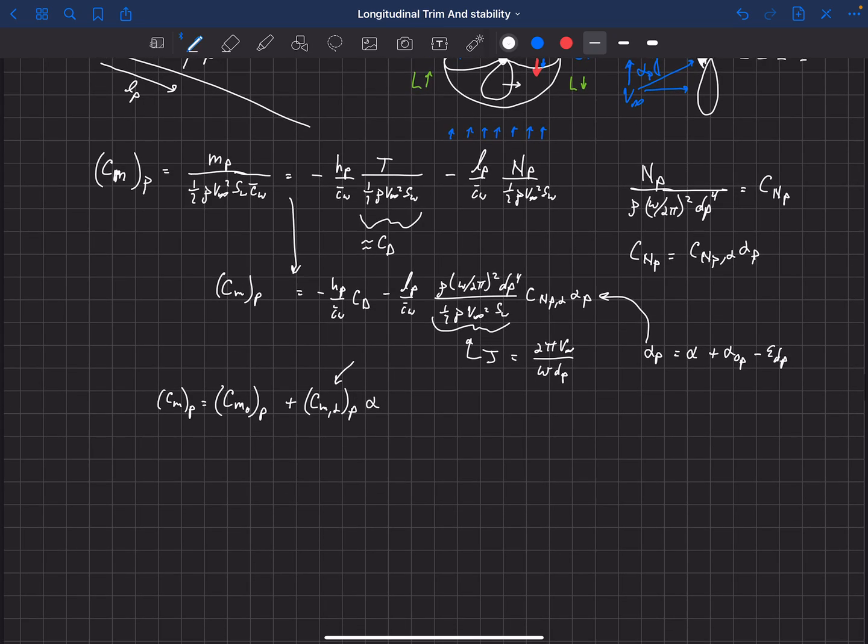And then, of course, we actually take both of these terms. Maybe I'll write this out here. This affects our pitch stability, and then both of these terms actually affect trim. So we would add both of them into our trim equation to trim out the aircraft. So I'm just going to write it in these terms here.